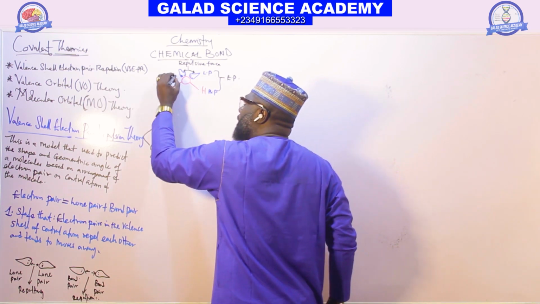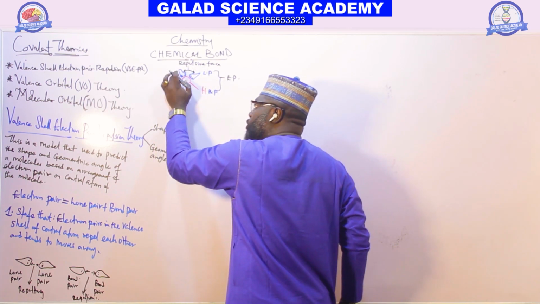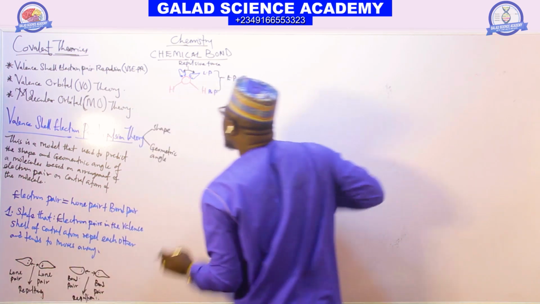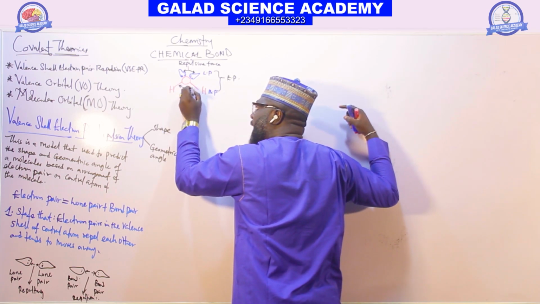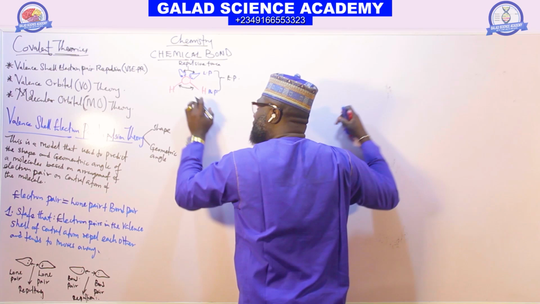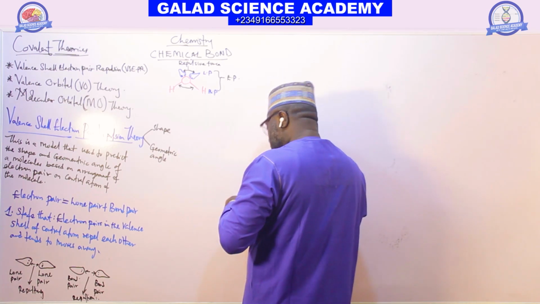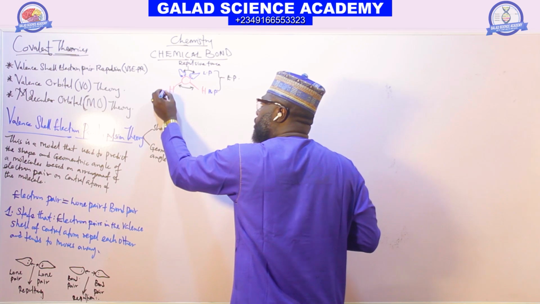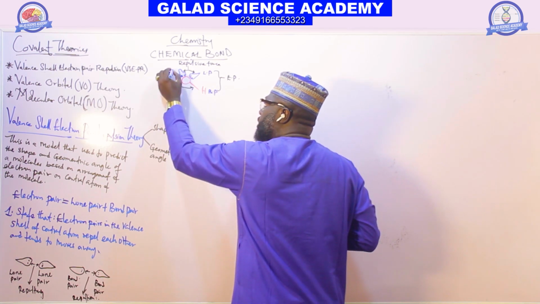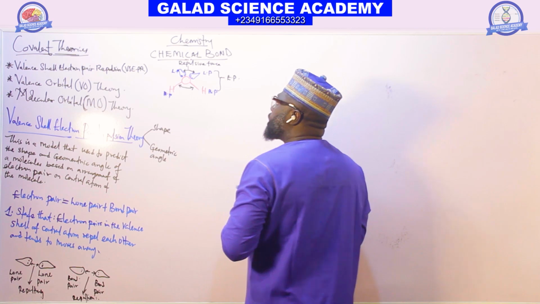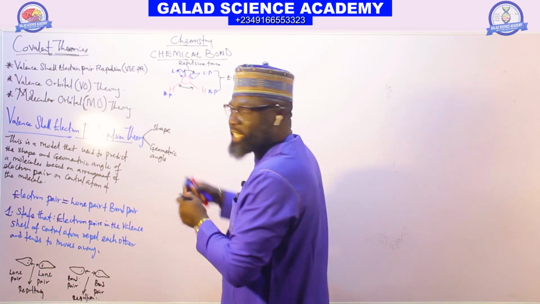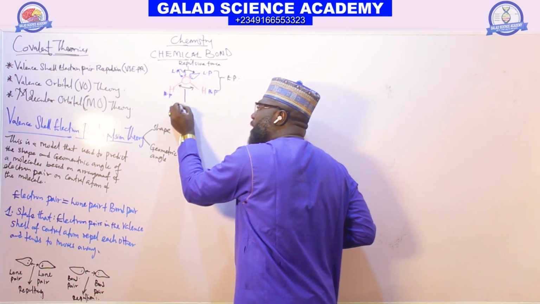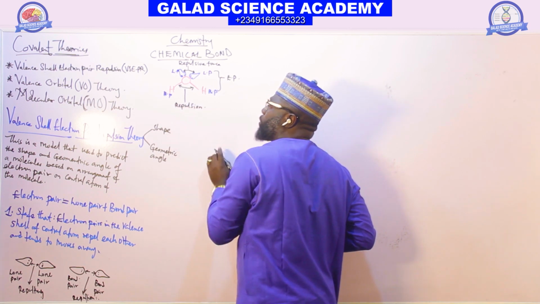Between lone pair and lone pair we have repulsive force. This one is bond pair and bond pair, and between these two bond pairs the force is also repulsion.